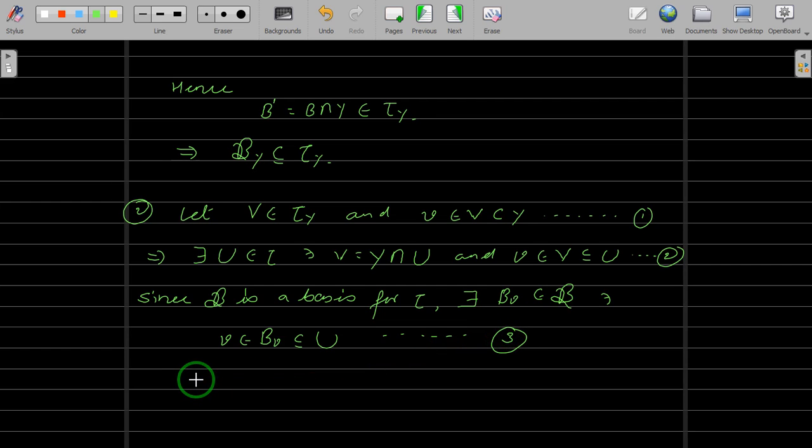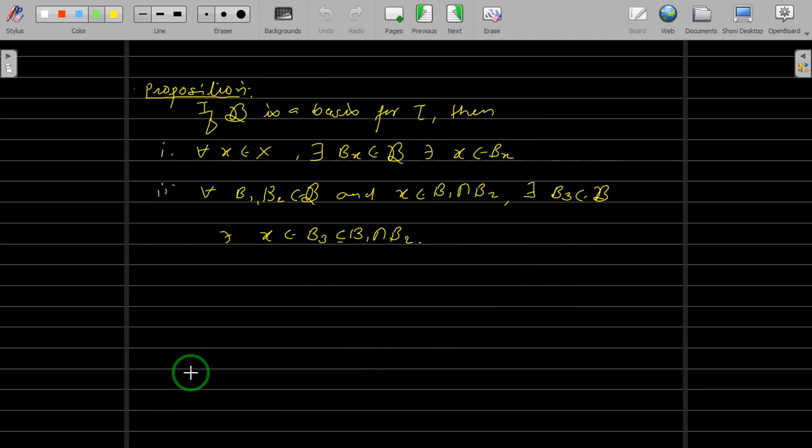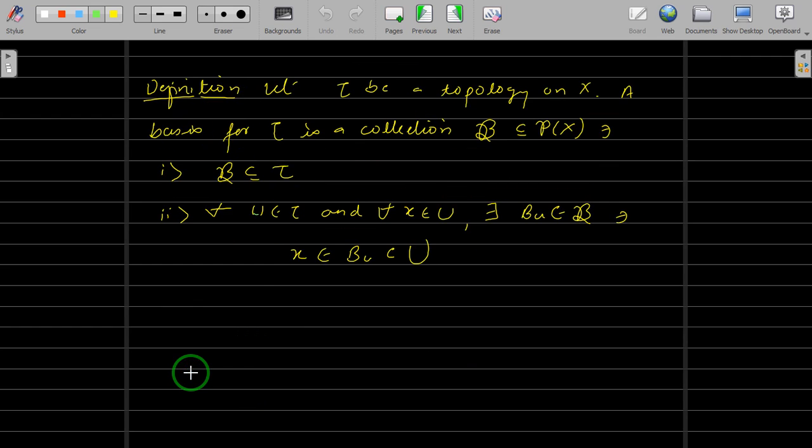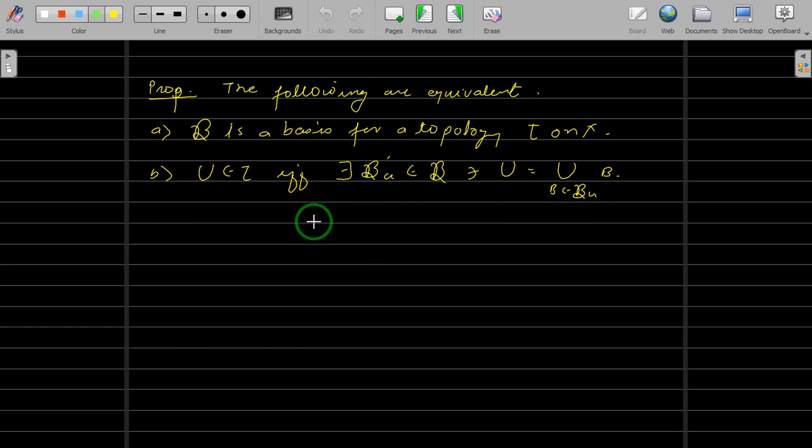So remember your aim. Let me go back to the definition. What we did is we got one open set in tau_Y and we got one element in that open set. We have to show now that there exists some other element in your basis such that x belongs to that element, and that is contained inside your U, that is the open set you have taken.